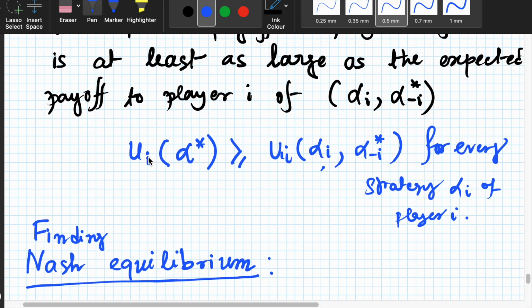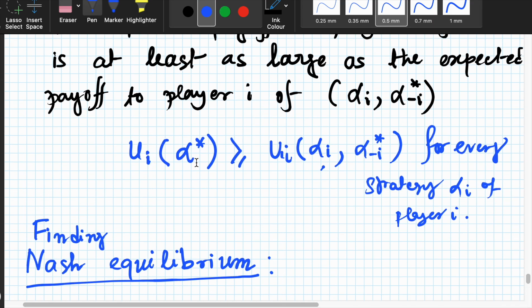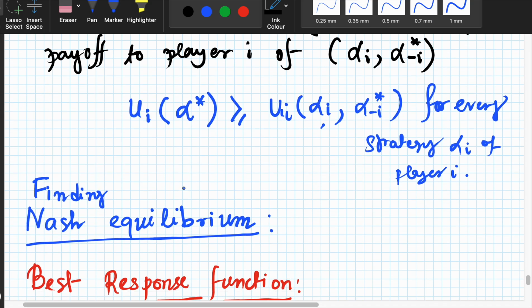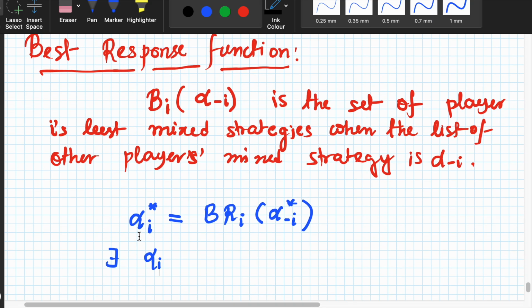And if so, then alpha star will no longer be the Nash equilibrium, because by definition, no other alpha_i can give a payoff higher than what you get by alpha star.